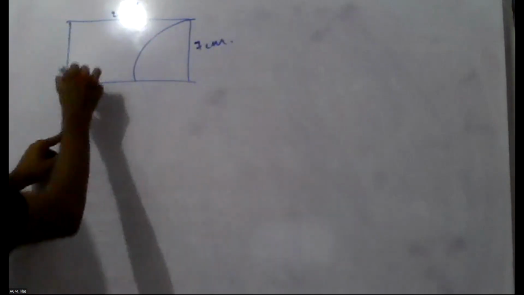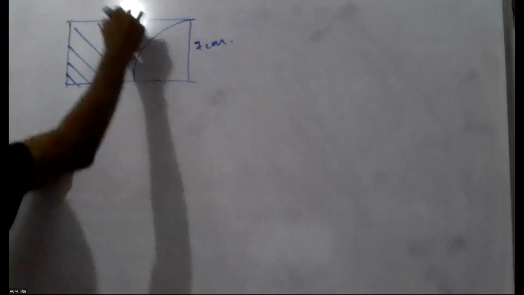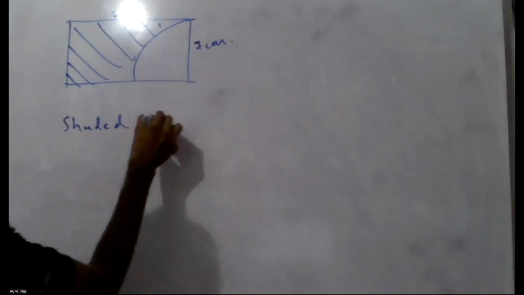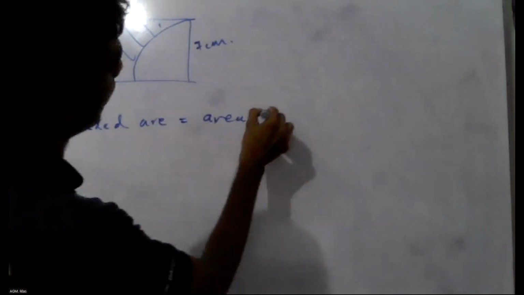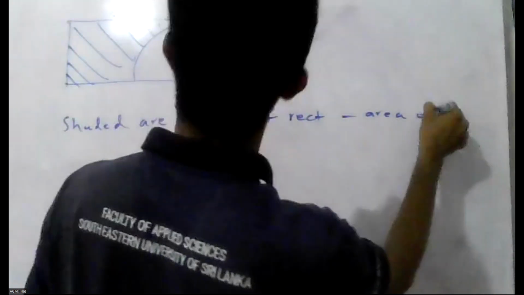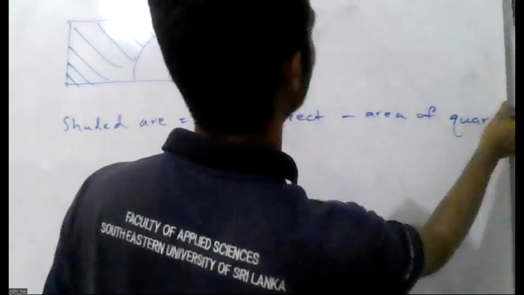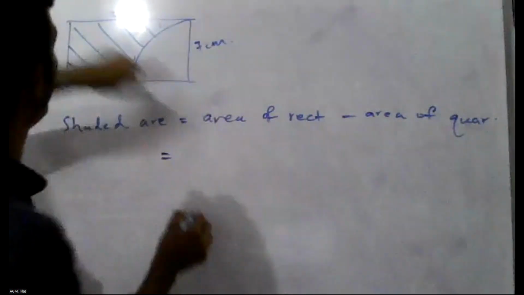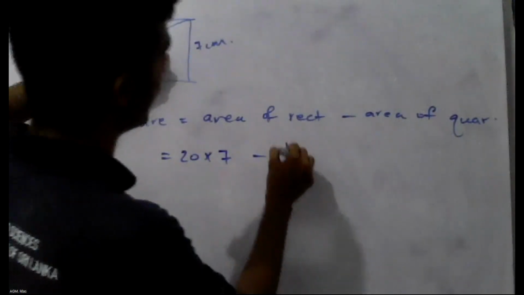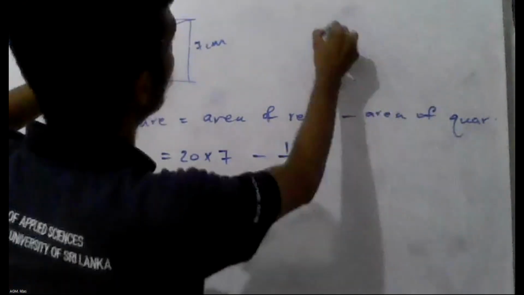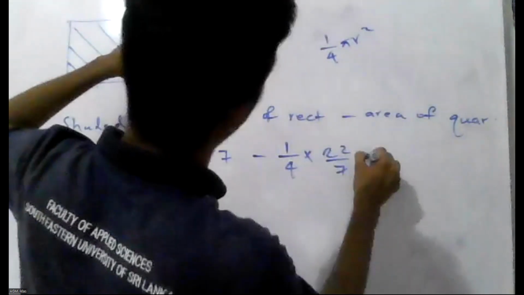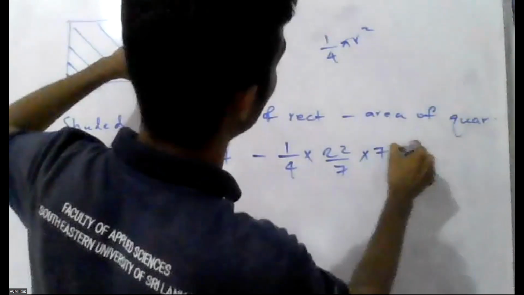So they asked to find the shaded area. So shaded area is equal to area of rectangle minus area of quadrant. So here area of rectangle is 20 into 7 minus, here this is a quadrant, so 1/4 into pi r square. So 22 by 7, r is 7, 7 into 7.